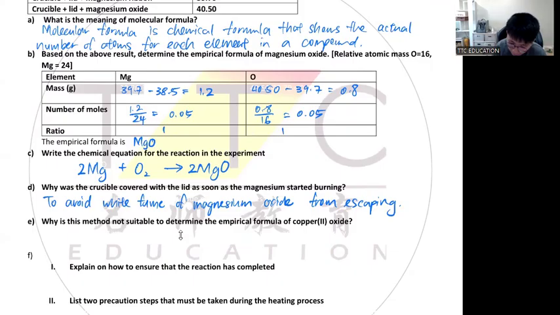So we can say that copper is less reactive towards oxygen. Technically, you can, but it is very slow. The better and faster way is to do the glass tube experiment, the previous one, for copper oxide.